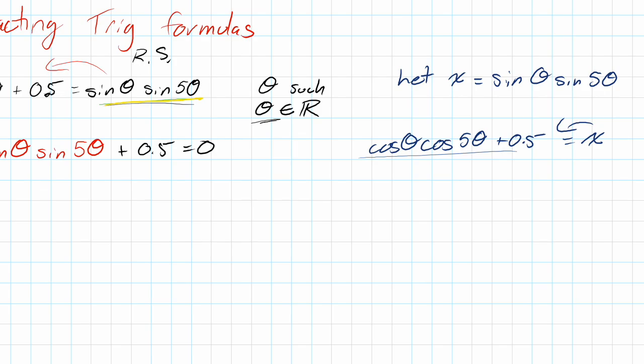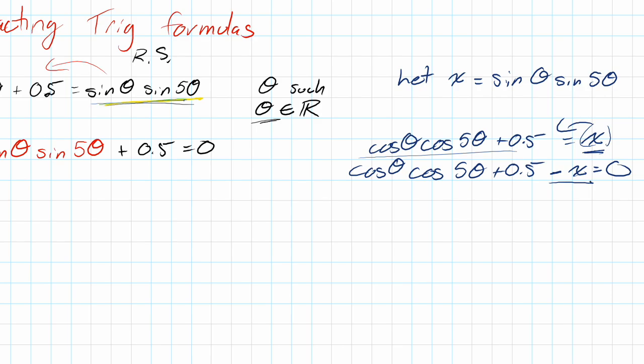And then when we move x over, we still have cos theta cos 5 theta, minus x is equal to 0. So that might be algebraically a lot easier to look at. We replaced that whole right side with just the letter x, and then we moved it over. So when it was positive, when it came over to the left, it became negative.